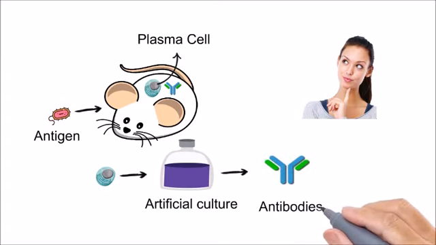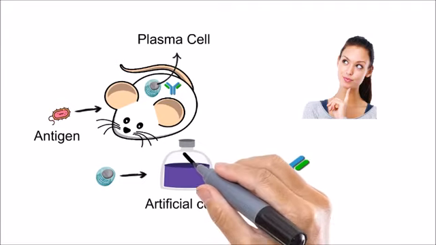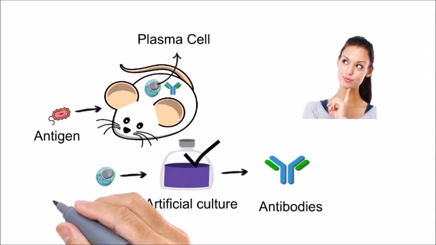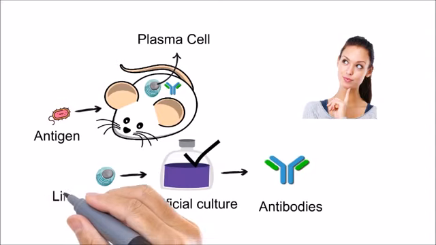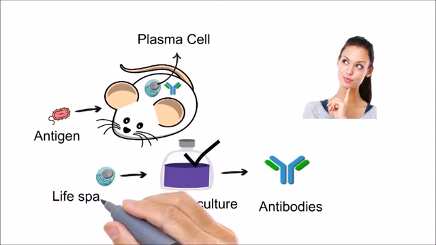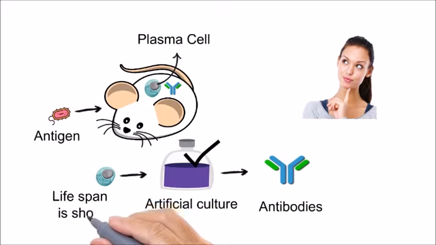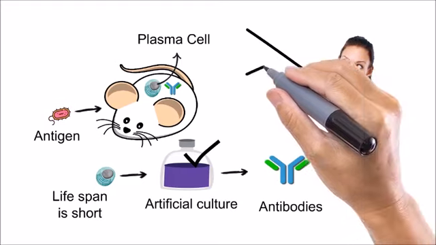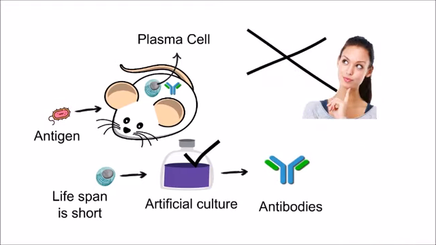It is correct. The plasma cells can be cultured in artificial media, but the biggest problem is that the lifespan of plasma cells is very short. It is from a few weeks to a few months. And that's why we cannot produce antibodies for a long time by culturing them in artificial media.